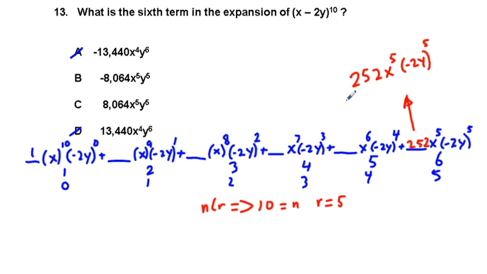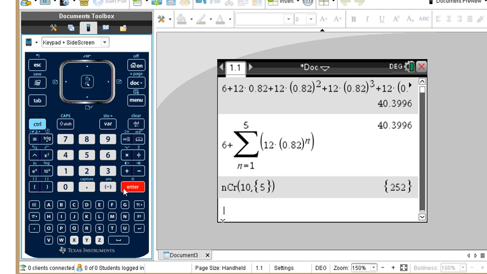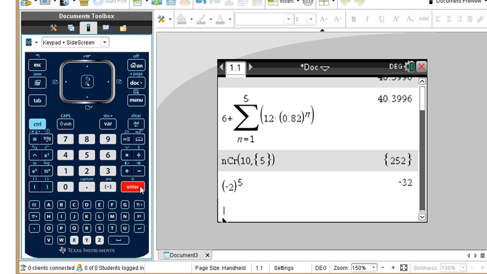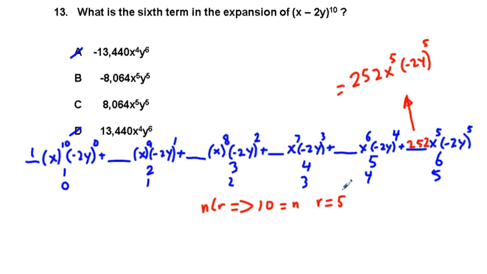So what that's going to be is negative 2y to the 5th. Let's look at that. We have negative 2 to the power of 5, and we get negative 32. So negative 32 is it.